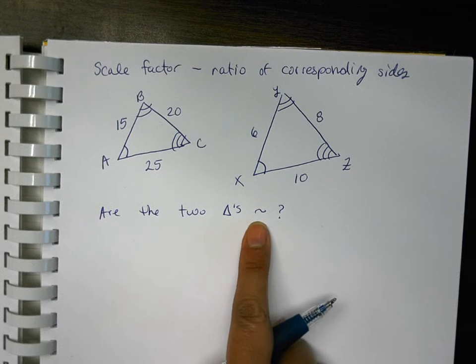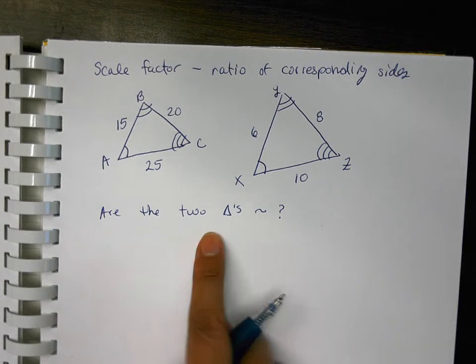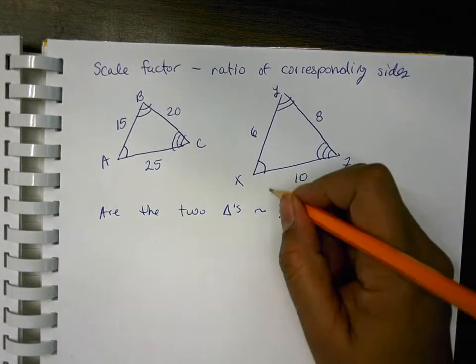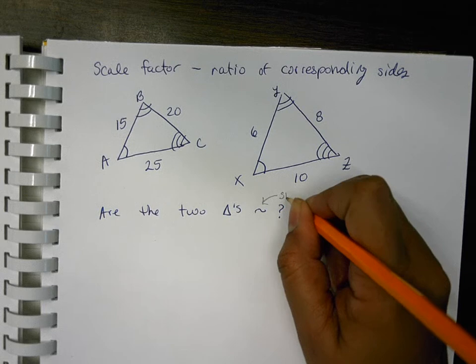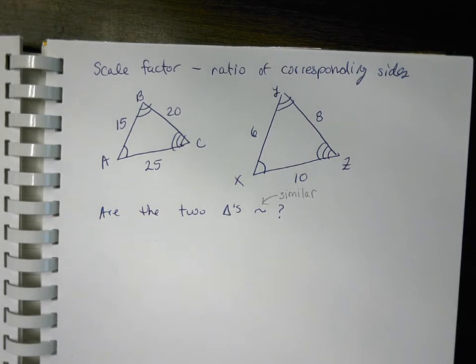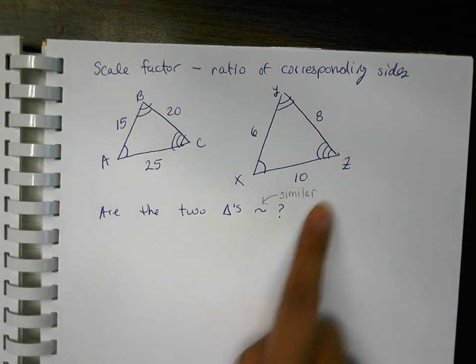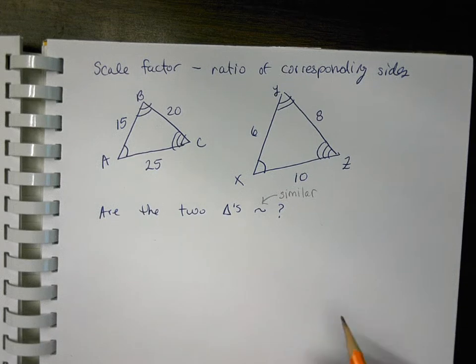Are you guys okay with using that notation? If you are not, what do you write out instead of this squiggly tilde marking? Similar. So I'll put it here for you now so you know for next time. All right. Do we have the angle matching piece down? Yes? The only thing we have to check is if the corresponding sides are proportional.